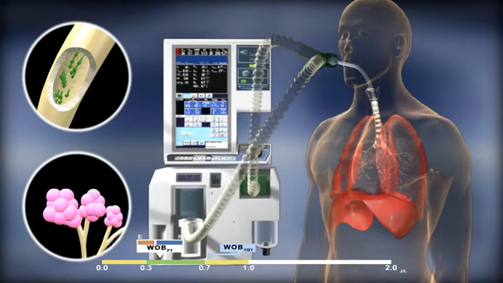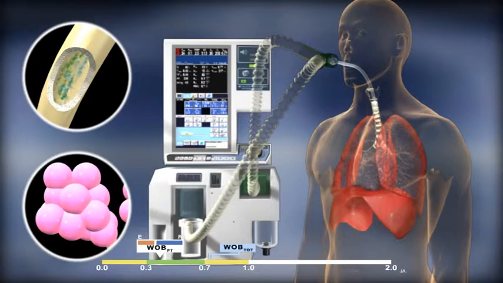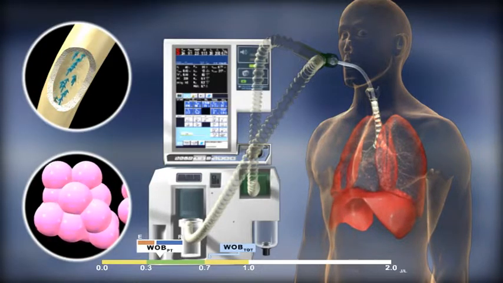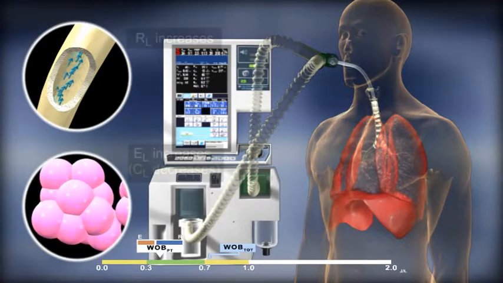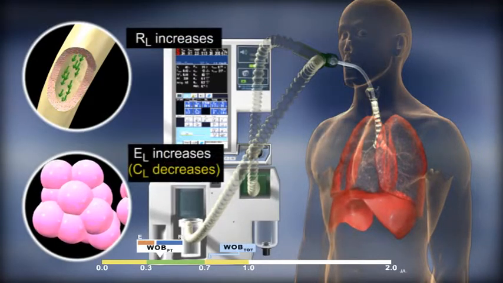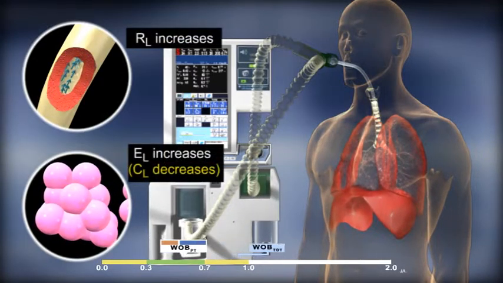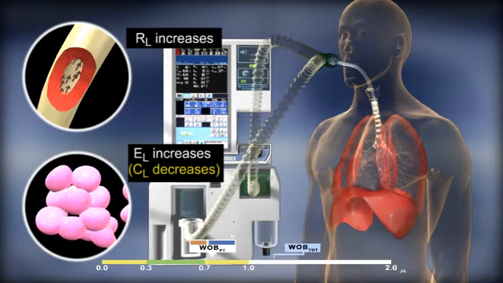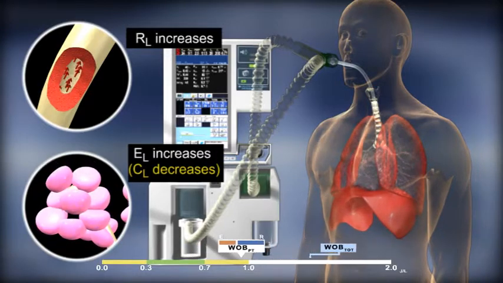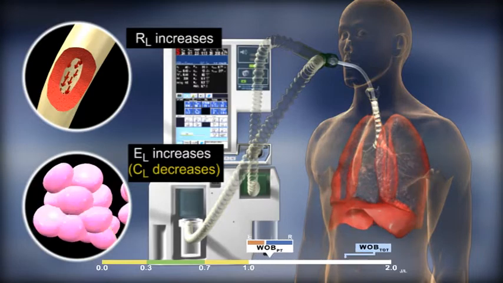With acute lung injury, it is not uncommon for alveolar collapse to occur, which increases the work a patient experiences as well. As you can see graphically, the patient's total work of breathing as displayed on the work of breathing bar would increase above comfortable levels as shown in the green area.